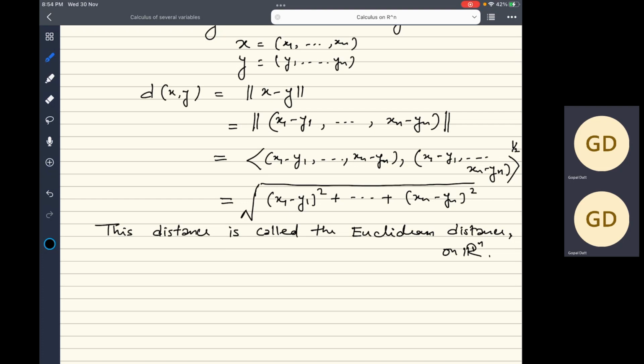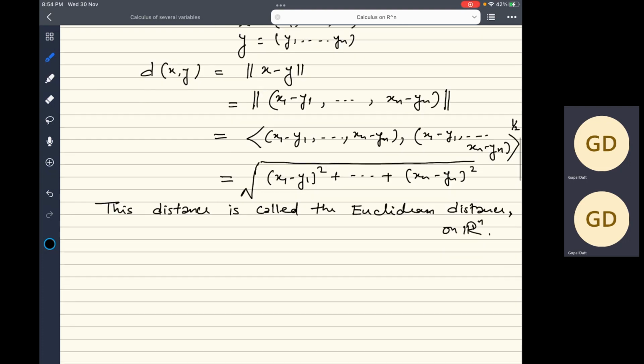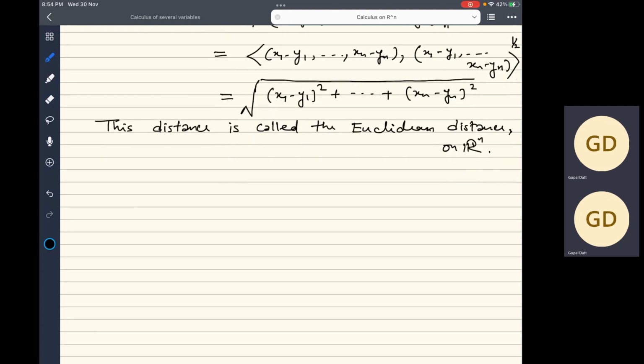So let us recall a few basic notions that we will use in what follows. Let us start with open ball. What is an open ball in Rn?